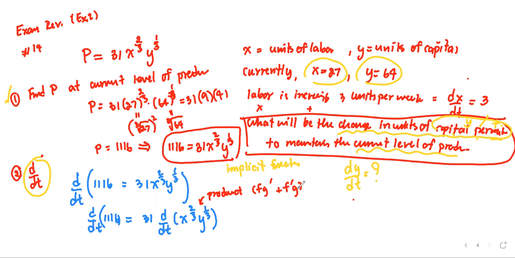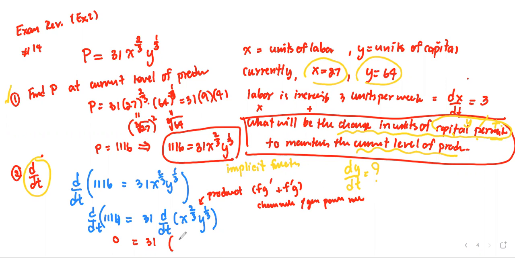We can work the normal way or apply the basic derivative formulas that you've been doing. On the left-hand side, the derivative of the constant is going to be 0, and then equals 31 as the constant multiple. You see, this is x and this is x and y, so you're going to use the chain rule or the general power rule as part of the product rule.